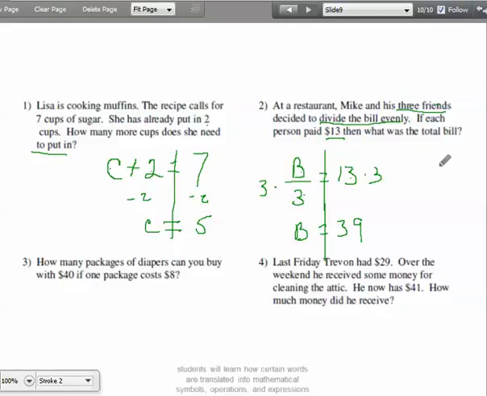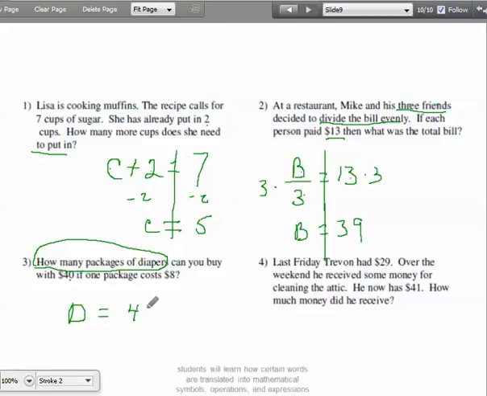Okay? So let's look at number 3 over here. How many packages of diapers? See right there where it says how many packages of diapers? That's what they want you to use for the variable, D. How many packages of diapers can you buy with $40? Okay?